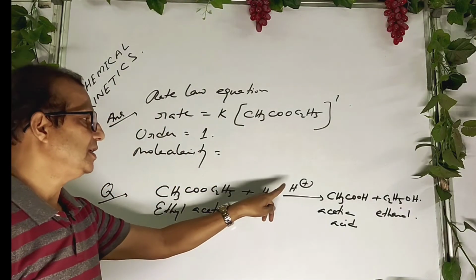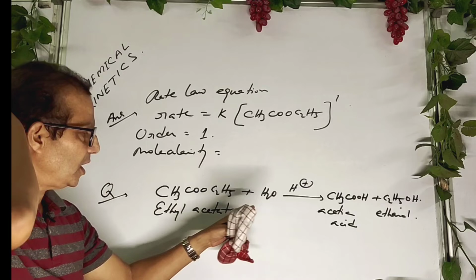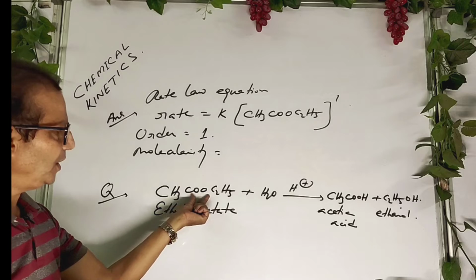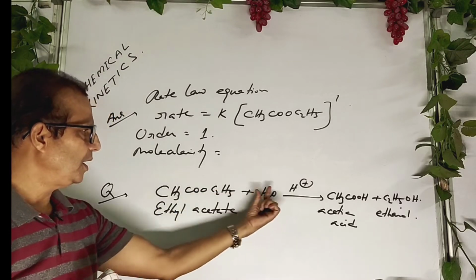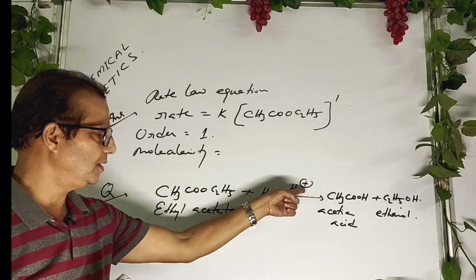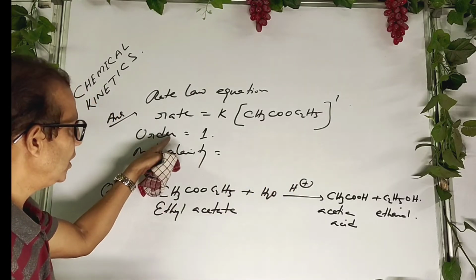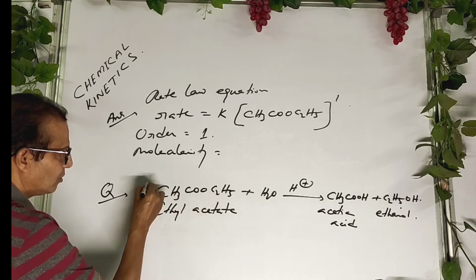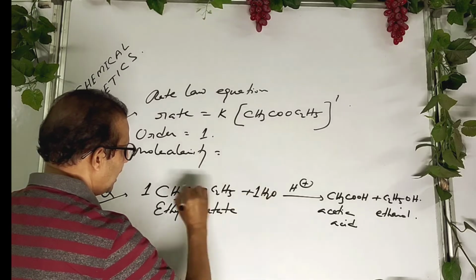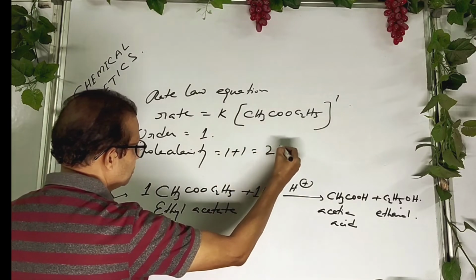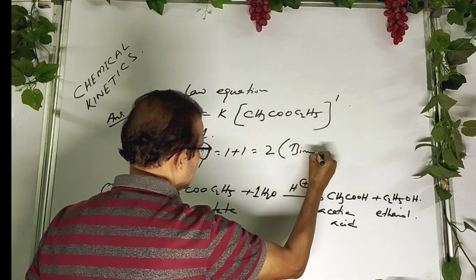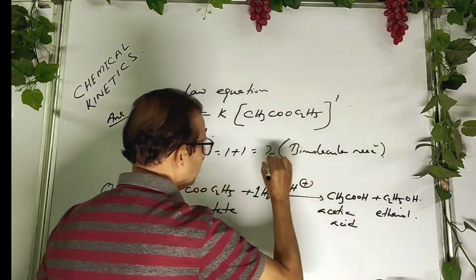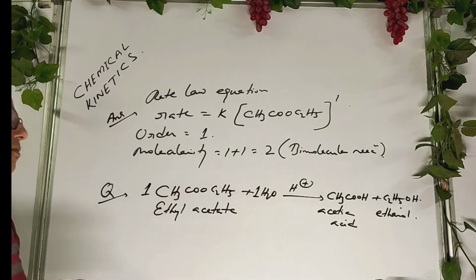This type of reaction is an example of acidic hydrolysis. If in organic chemistry you see any acid hydrolysis reaction, directly write that order is 1. But molecularity: in front of this there is no number, so consider 1, add 1 plus 1, that is 2. So it is a bimolecular reaction. Molecularity is 2, but order is 1.